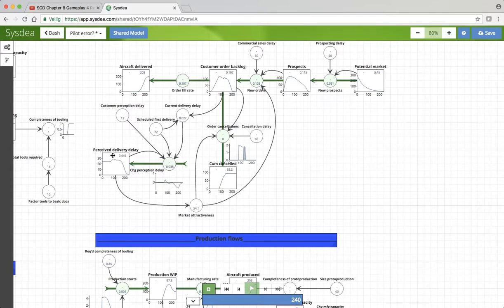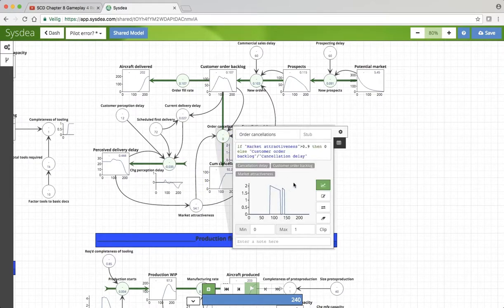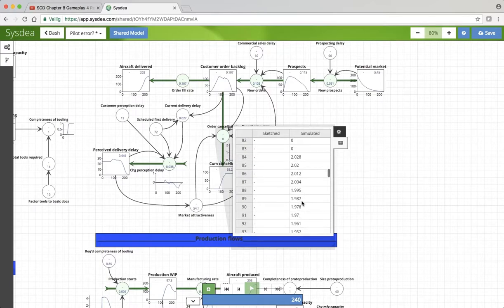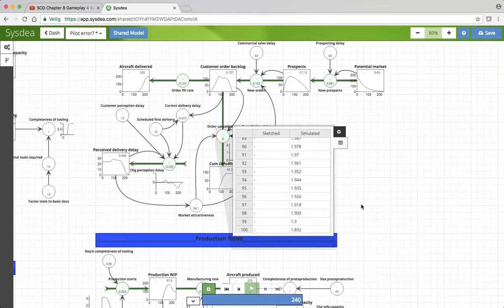So the perceived delivery delay becomes less and less, but the crucial period is when it becomes higher, because when it becomes higher, then the market attractiveness becomes lower, and that results in order cancellations, from shortly after the 70 weeks, month 72. So from this month on, it's clear that the market attractiveness will be lower. And then from here, after the production delay, you see that planes are being cancelled.